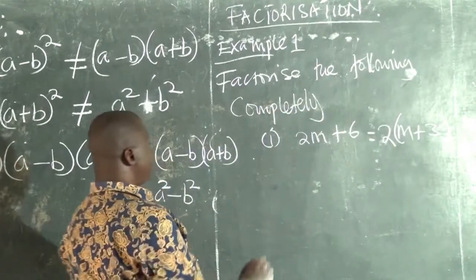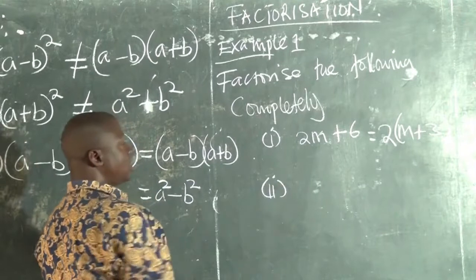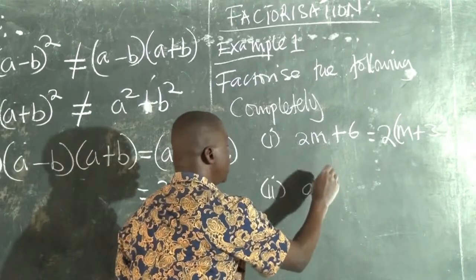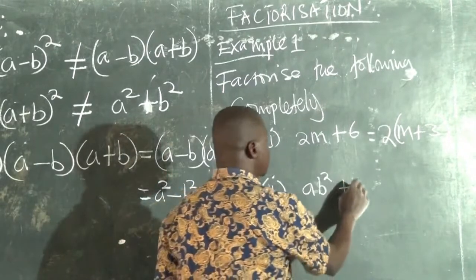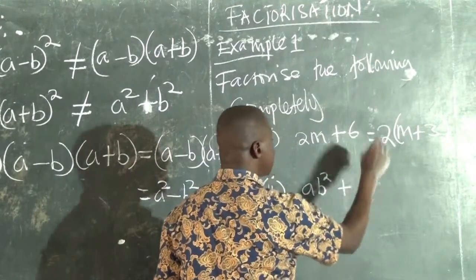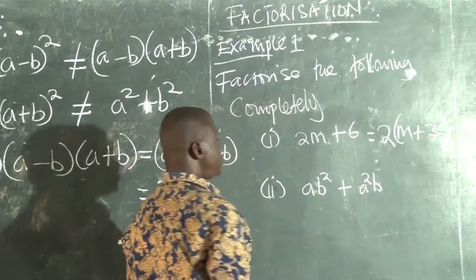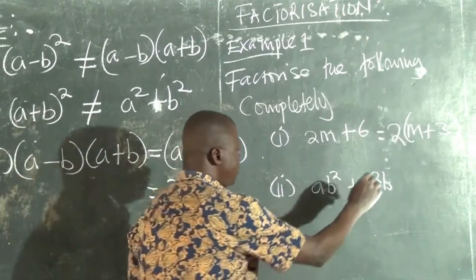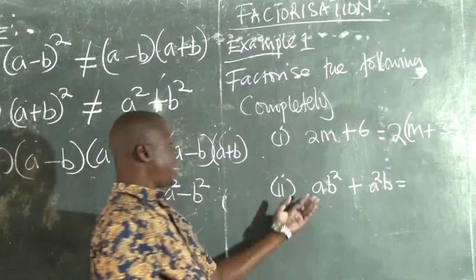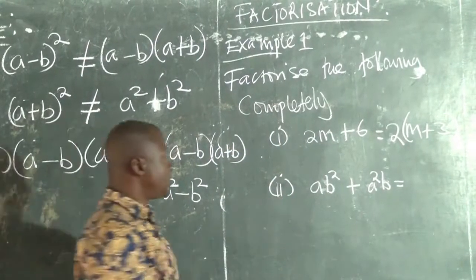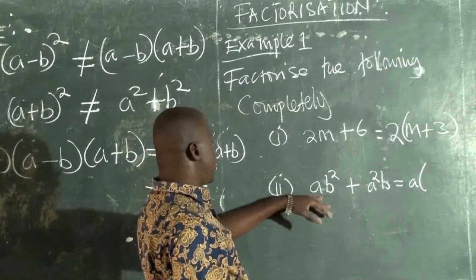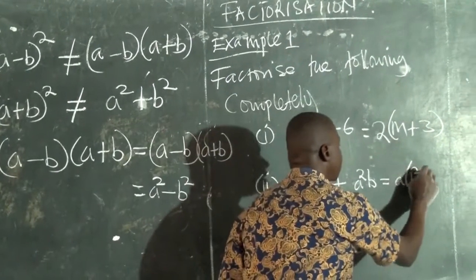We can have another case. We have ab squared plus a squared b. Yes, for that case we see that there is a common factor. First of all, you can see there is a. So this is a into, when you divide by a, it will give b squared.